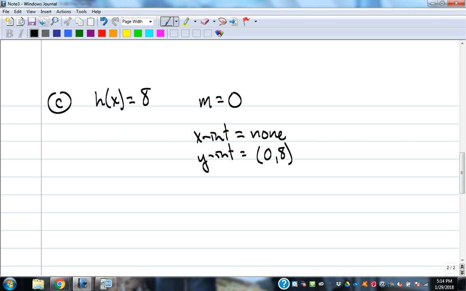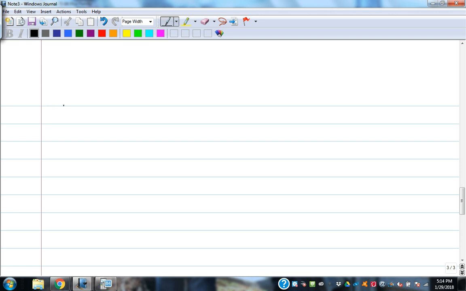All right. Let's talk about the average rate of change and writing a linear model for a particular set of data that we're maybe given. Average rate of change, we've already kind of discussed that.